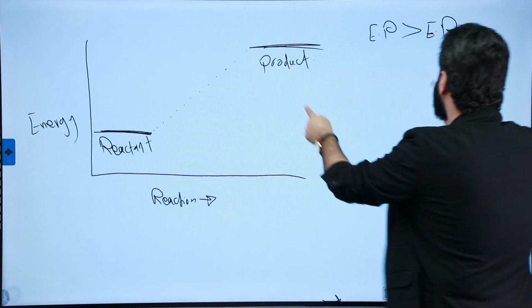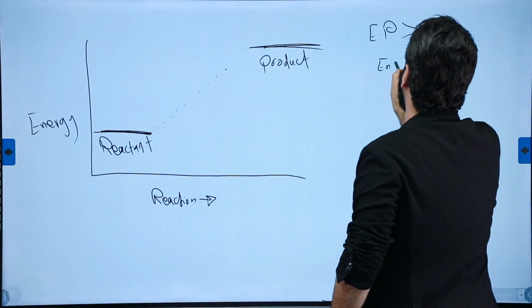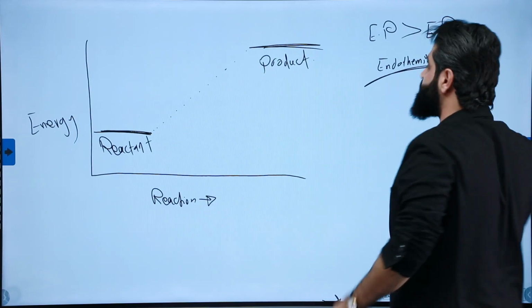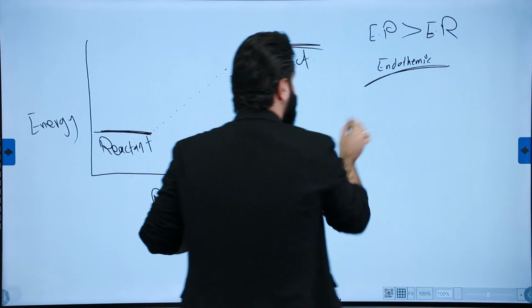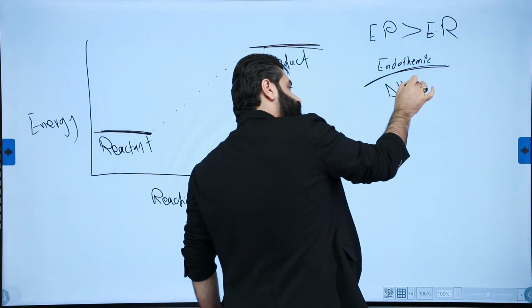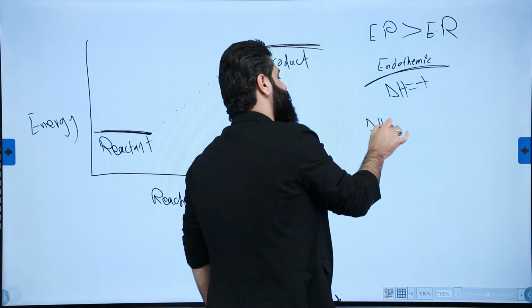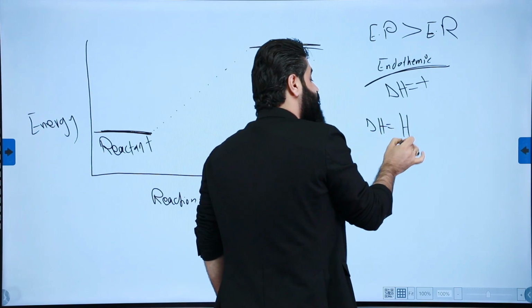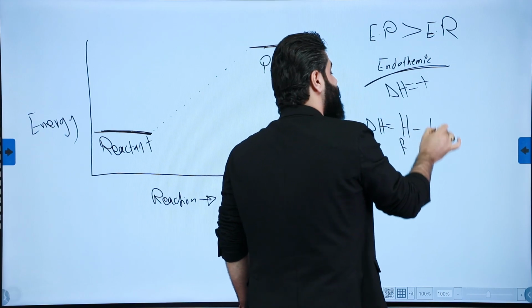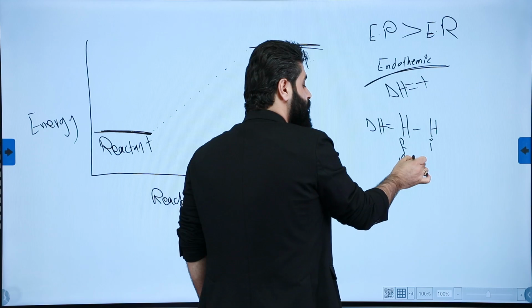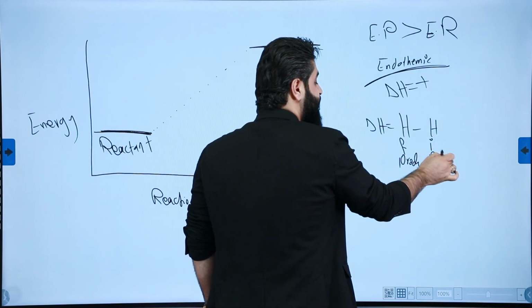So this reaction is called endothermic. Endothermic. Okay, this is endothermic reaction. If the reaction is endothermic, the value of delta H must be positive because delta H equals H final minus H initial, or H of product minus H of reactant.